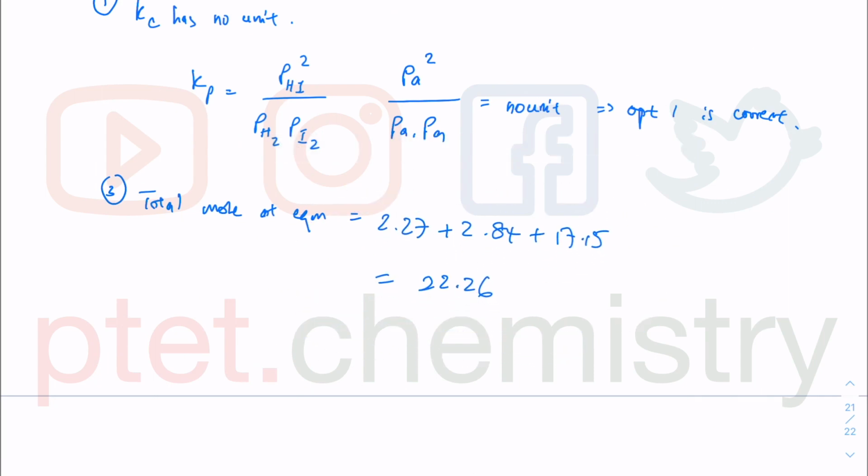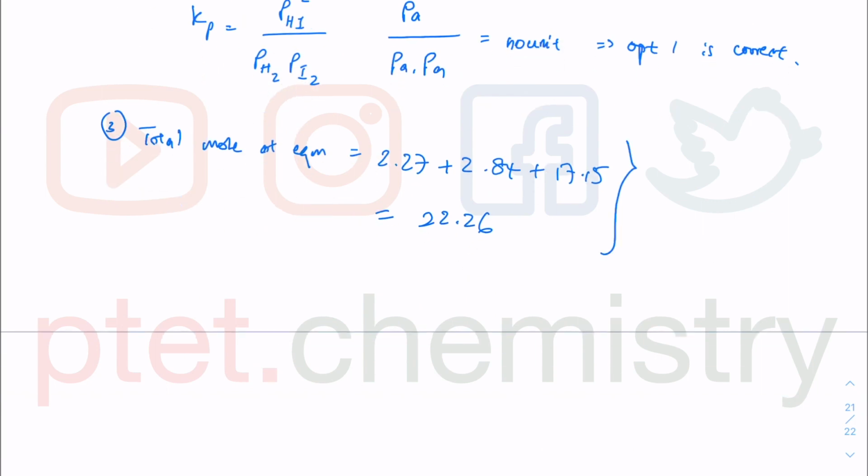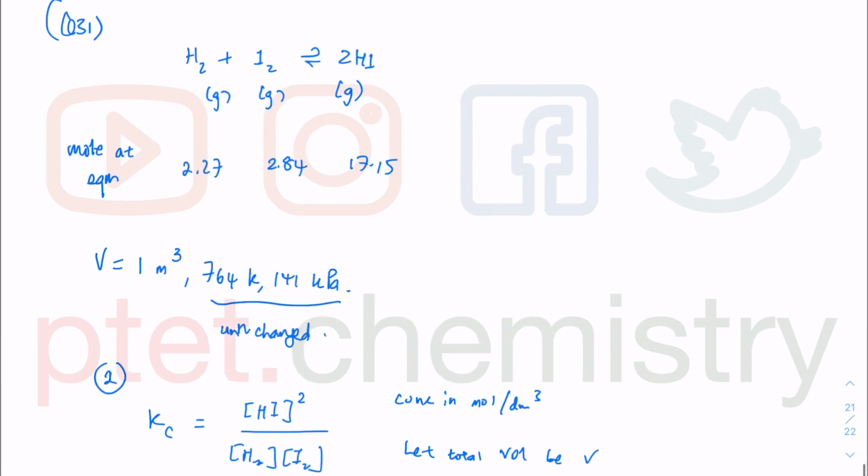Alright, so you can work out the partial pressure. So what we have is the partial pressure is going to be 2.27 divided by the total mole at equilibrium, which was 22.26, times what's the P total?